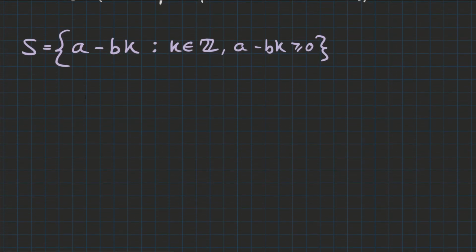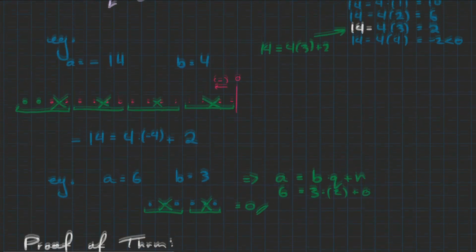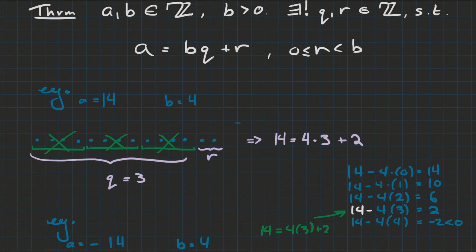So if we go back up here, for the example where A is 14 and B is 4, then our set S certainly has 14 minus 4 times 3, because that's a number in the set.